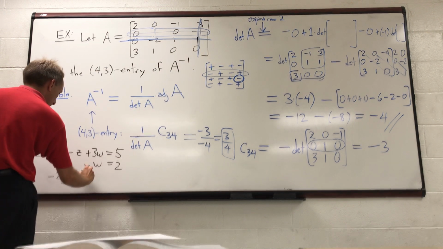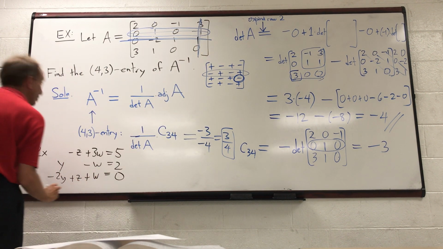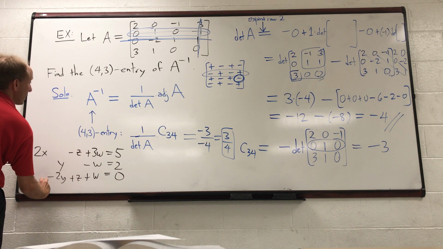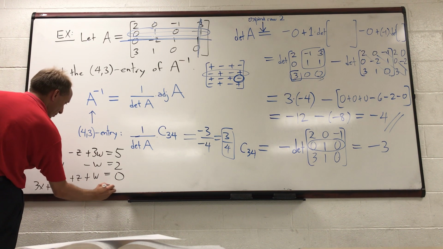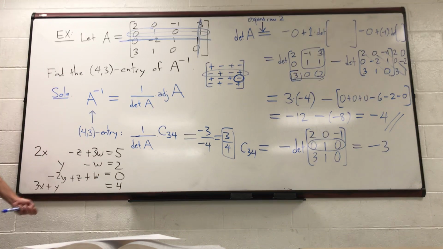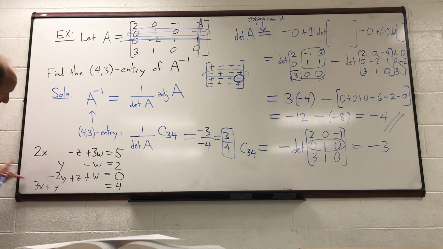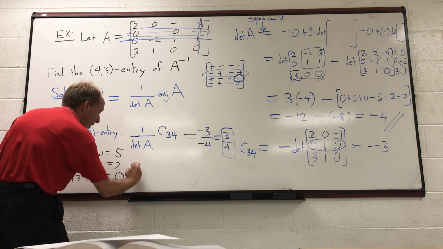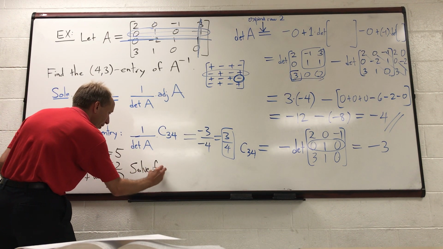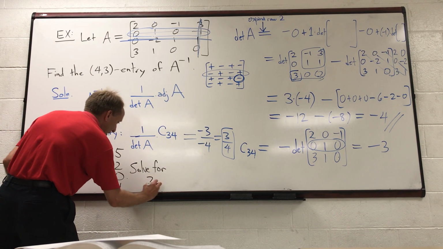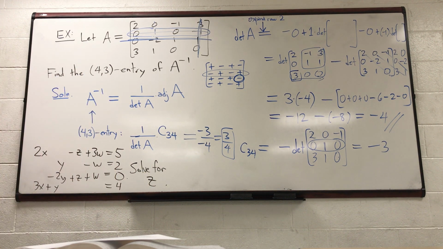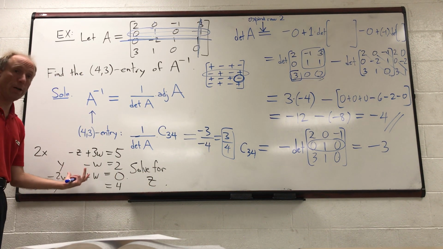Yeah. Plus w equals 0. And then 3x plus y equals 4. I could follow up with a question where I give you a linear system like this, and then I could say something like solve for z. I could say specifically to solve for one of the variables.